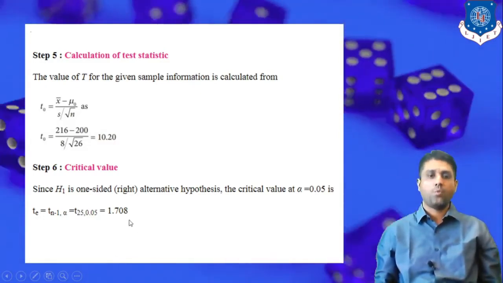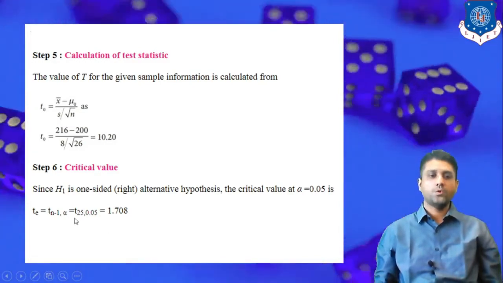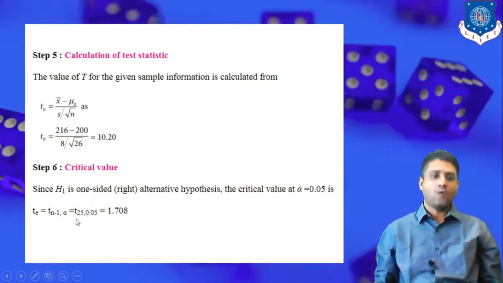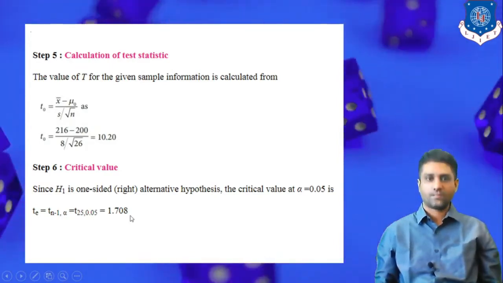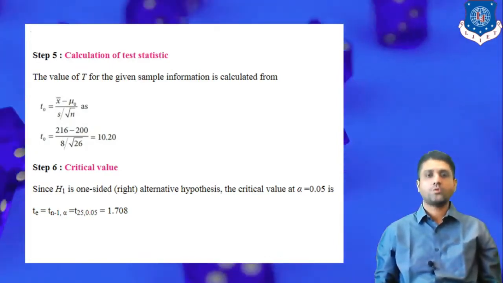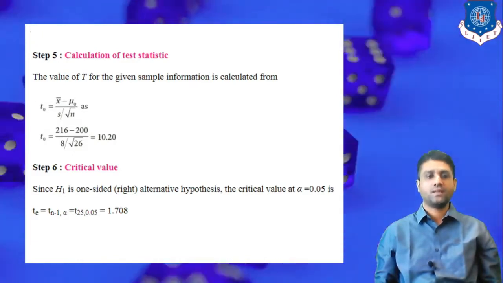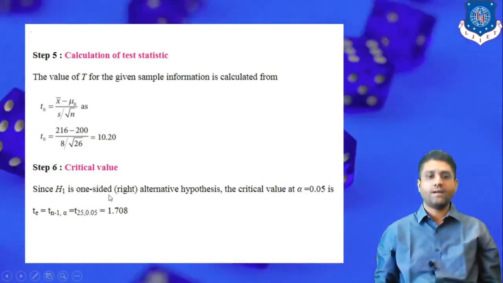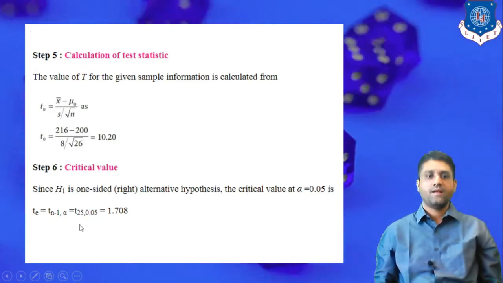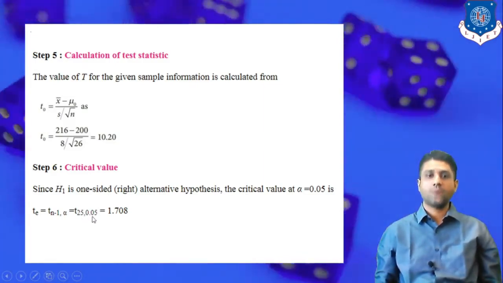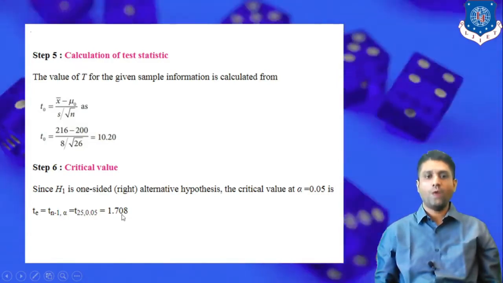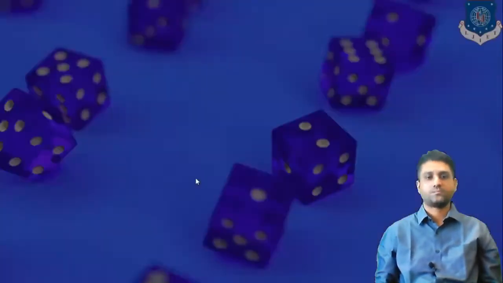Now we will see how we can collect this t value from the t distribution table. For that purpose we have to remember a few things. We have to consider a one-sided test, that is the first thing. Next, remember the degree of freedom is 25 and the level of significance is 5%. So I will show you how we can collect this value.